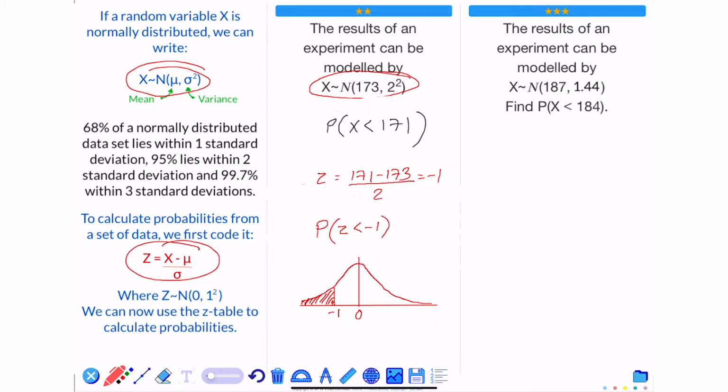The area that I've highlighted will be exactly the same as the area that's on the other side, at 1, except when we use the normal distribution probability tables, it calculates the area from the left up to a given point. So we need to know that the area underneath the entire normal distribution adds up to 1. And if I calculate the area up to 1, I can take it away from 1 and it will give me the remaining red area.